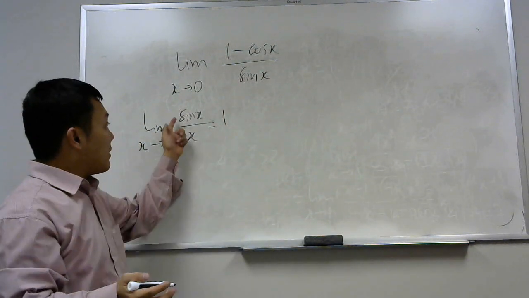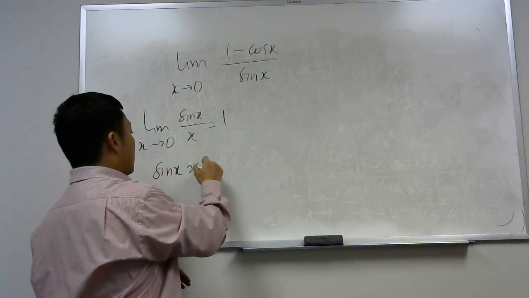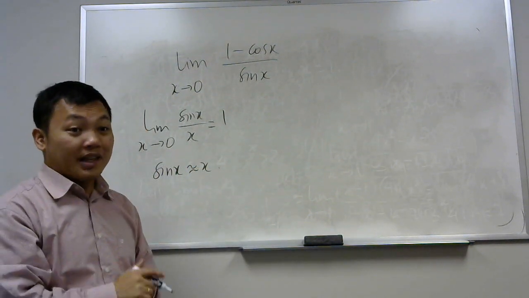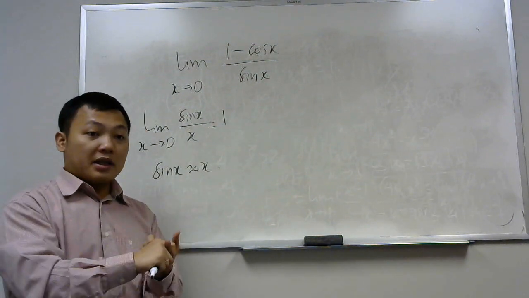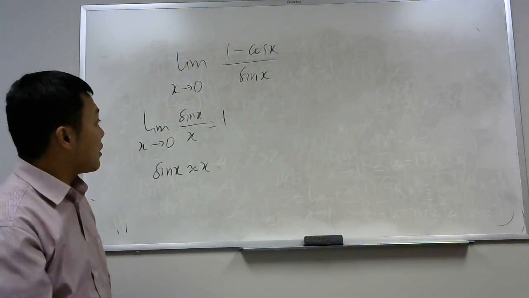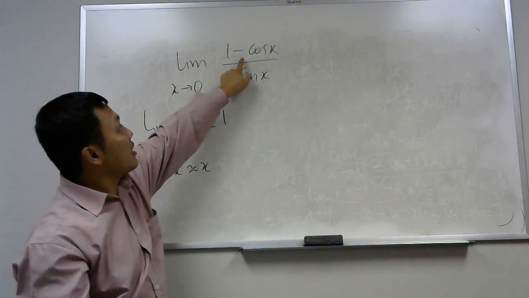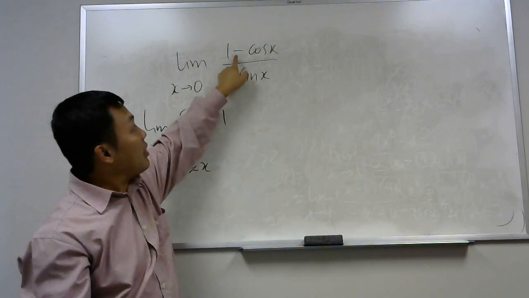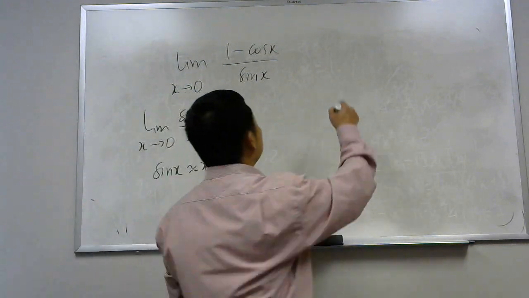Or we say sine of x and x are similar, right? That means you can replace x by sine of x or sine of x with x when you calculate a limit at 0. So in this case, you plug 0 into this, cosine of 0 is 1, right? So you have 1 minus 1, 0, so you have 0 over 0.